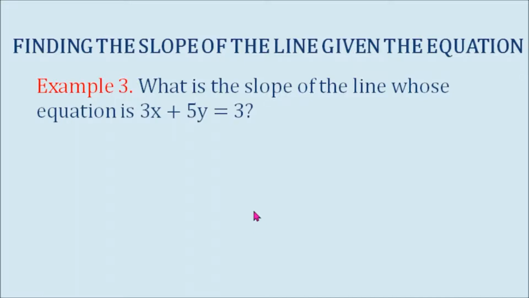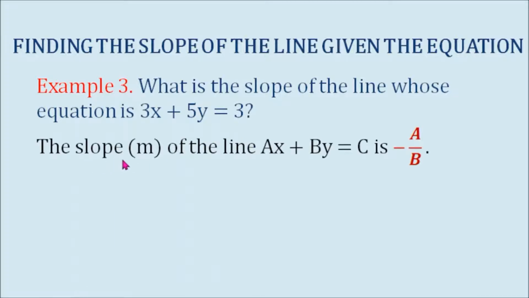Now, let's find the slope of the line when given the equation. Example number 3. What is the slope of the line whose equation is 3x plus 5y equals 3? So the slope m of the line ax plus by equals c is -a over b.